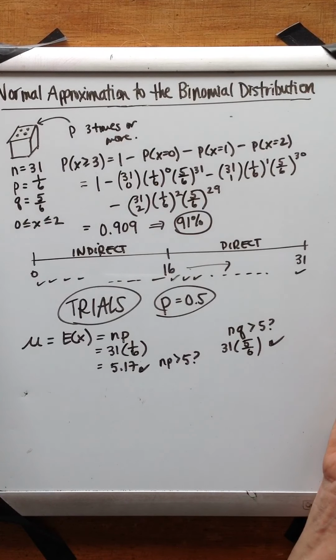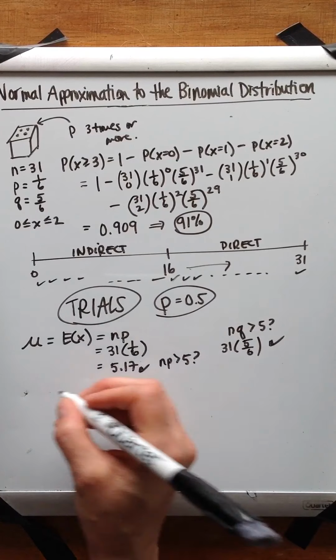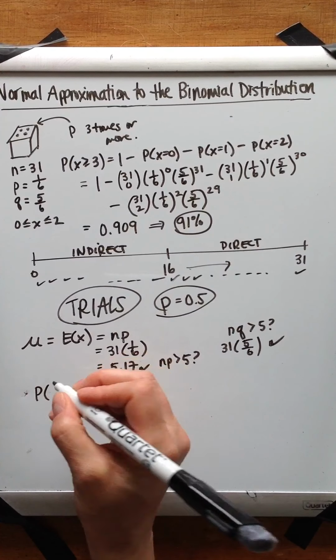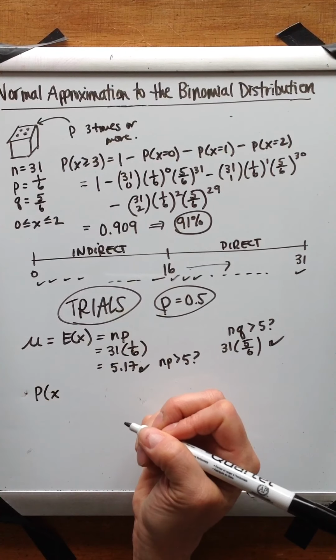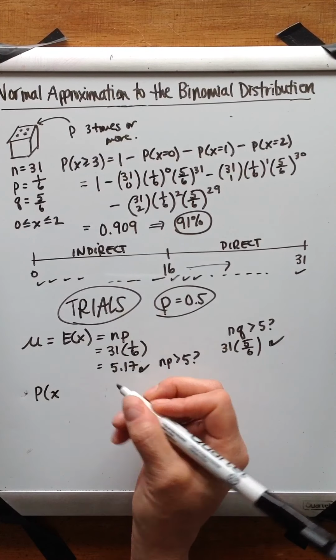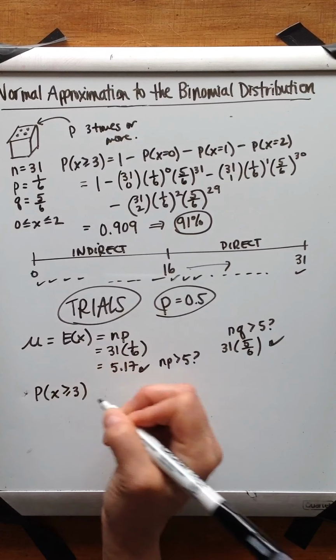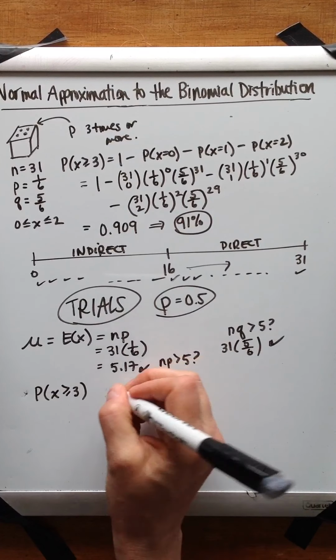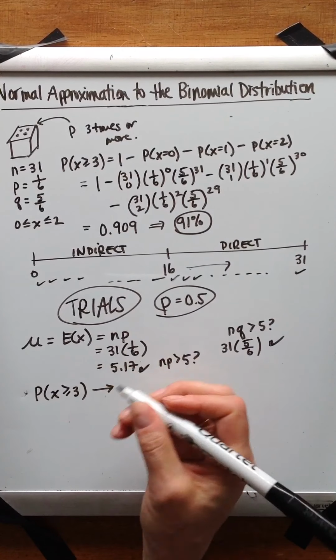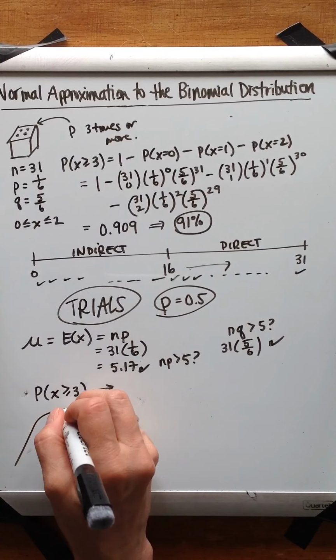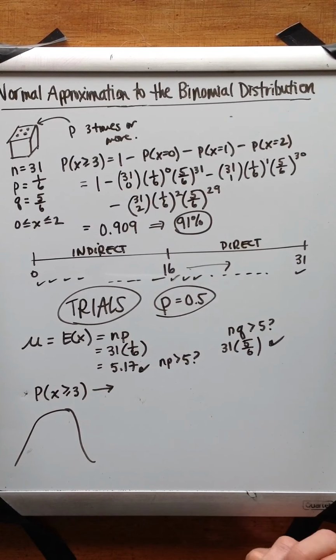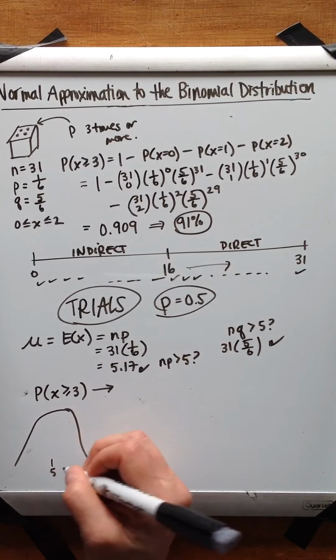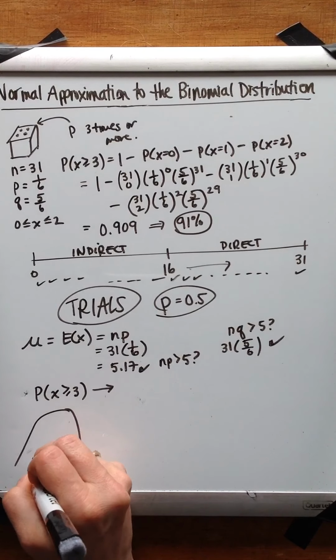All right. So now we want to, again, find the probability of being able to roll a 4 at least 3 times, so 3 times and more. But again, this is a discrete value, so I have to do my continuity correction here as well. So again, thinking of this as a distribution, we know that the mean's at 5.17, and here we are at 3.